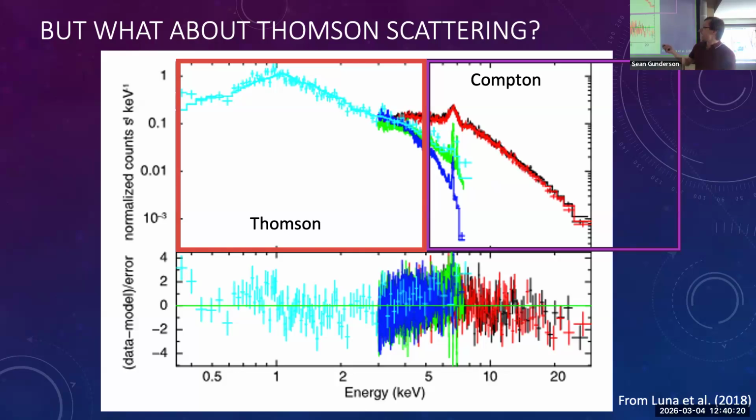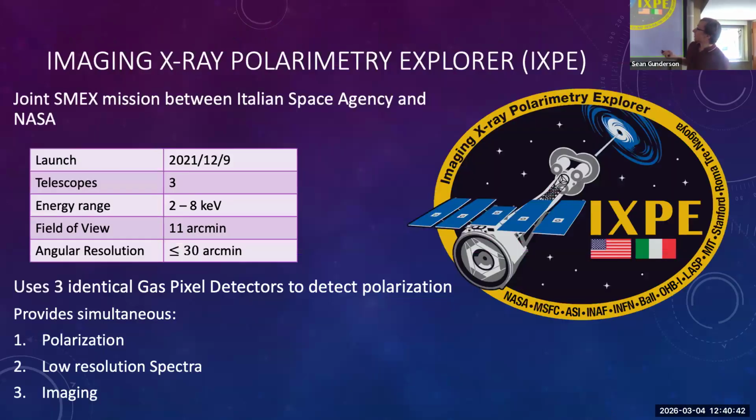So how can we really tell the difference between a Thomson scattered photon and a regular photon? The key there is going to be in its polarization, because Thomson scattering, if it's off of a coherent surface and there's symmetry being broken, will have a polarization measurement that we should be able to measure. And thankfully, recently, the IXPE mission was launched, which allows us to finally access polarization measurements in the X-ray band.